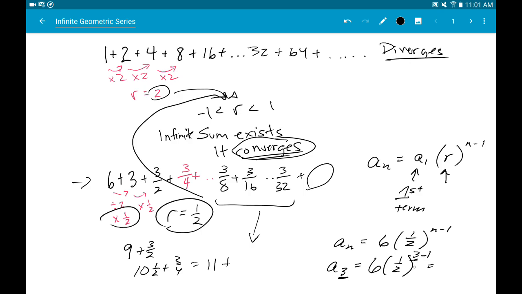You have 1/2 to the second, which would be 1/4. So you have 6 times 1/4, which is 6/4. 3/2 is the third term. So it's an efficient way to represent that.